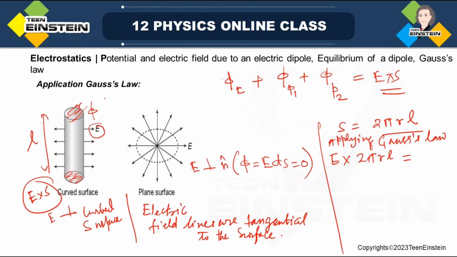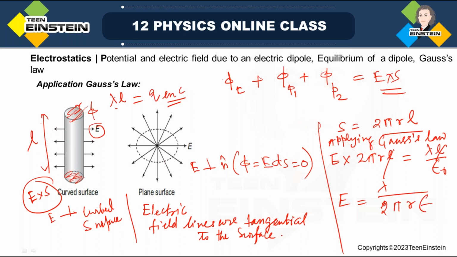If the line charge density is lambda, then the charge enclosed will be lambda into L. So in this case, L goes off, and we get E equals lambda by 2 pi epsilon naught r.